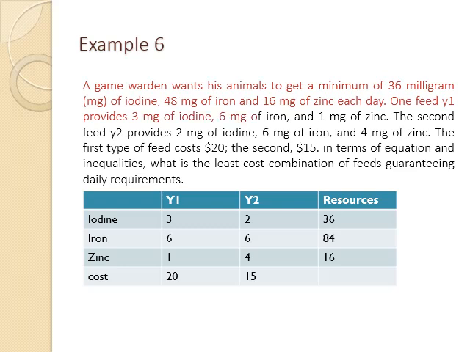One feed, Y1, provides 3 mg of iodine, 6 mg of iron, and 1 mg of zinc. The second feed, Y2, provides 2 mg of iodine, 6 mg of iron, and 4 mg of zinc.